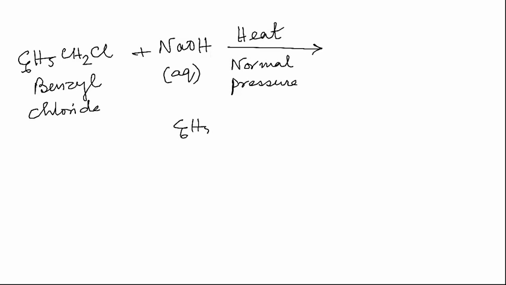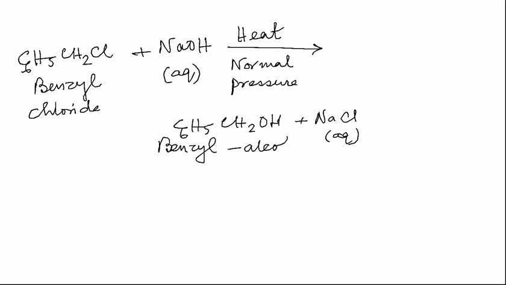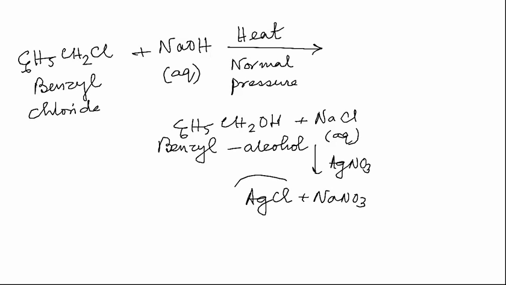Then you have C6H5CH2OH, so you are getting benzyl alcohol plus NaCl aqueous solution. This NaCl can react with AgNO3, or silver nitrate, in order to give a precipitate of AgCl plus NaNO3. So this AgCl gives a white precipitate.